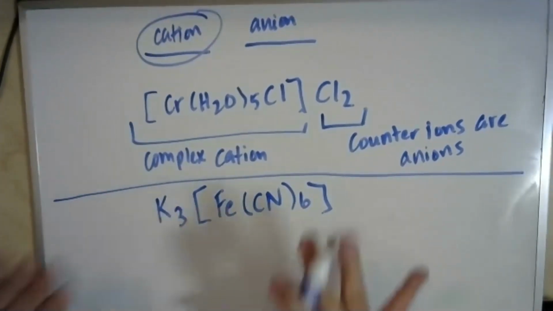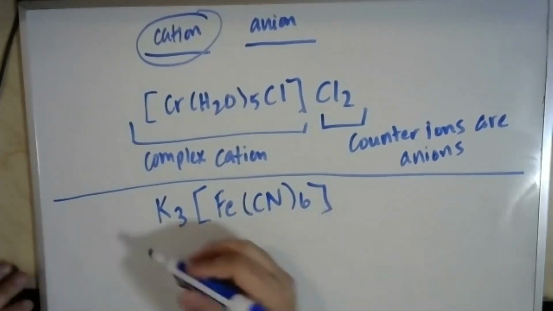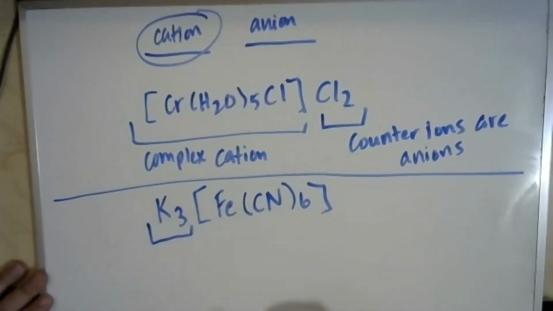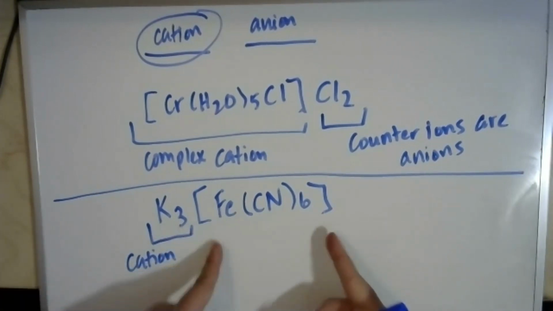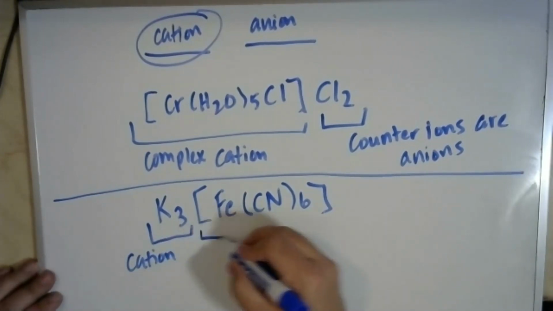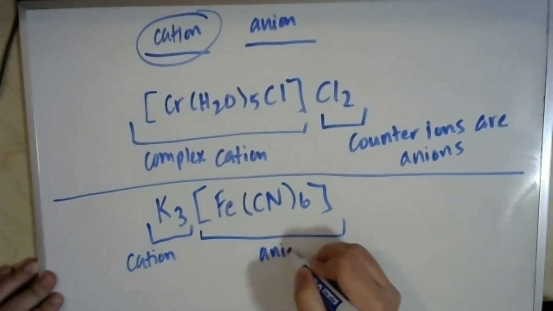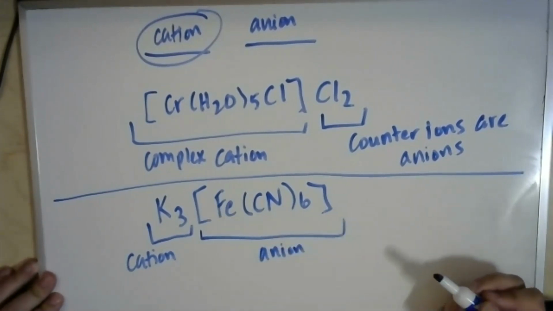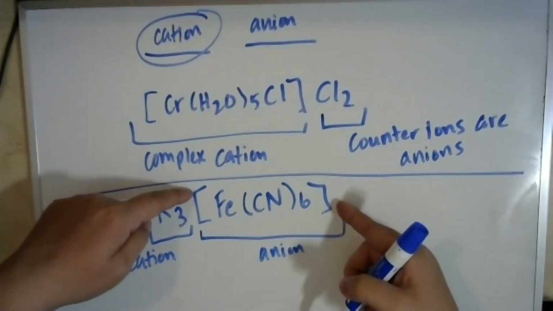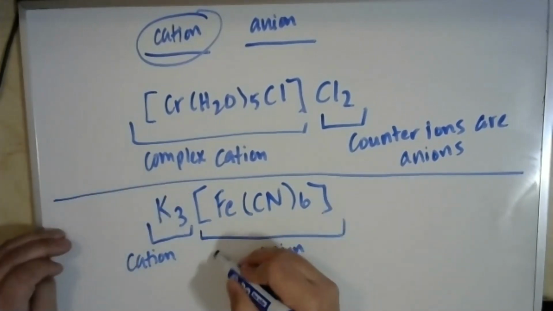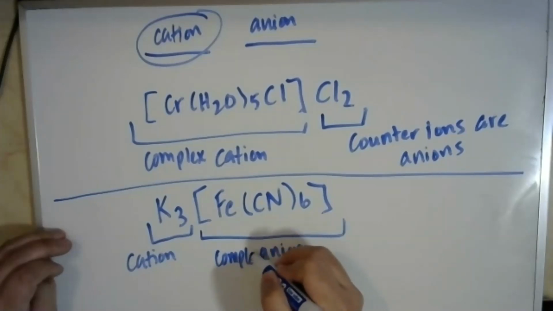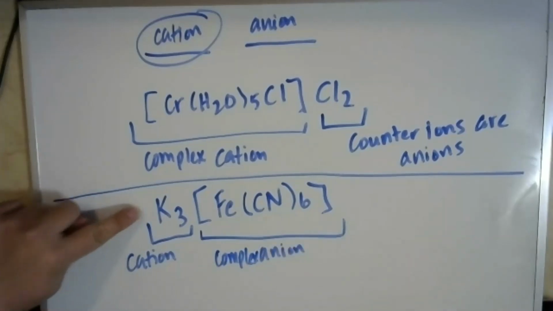What is still true about this compound is that the thing that's listed first is your cation, and the thing that's listed second is your anion. Okay, but this time the big guy in brackets here is an anion. So we're going to call that a complex anion. And your counter ions are cations in this one.